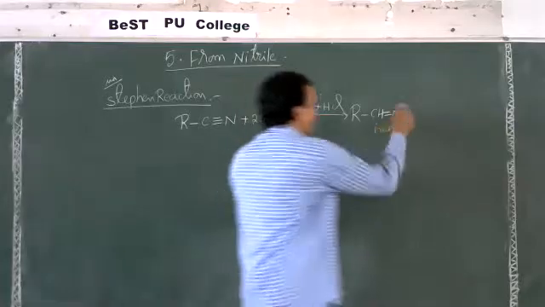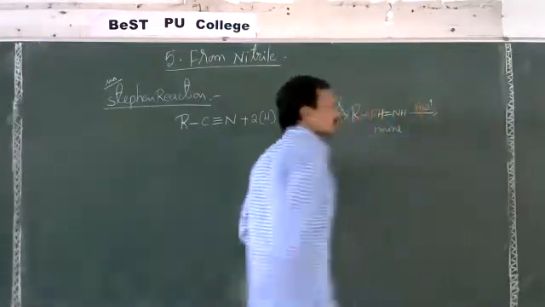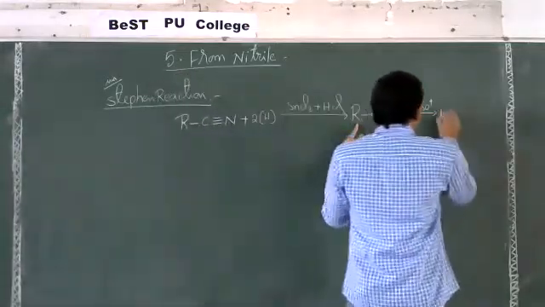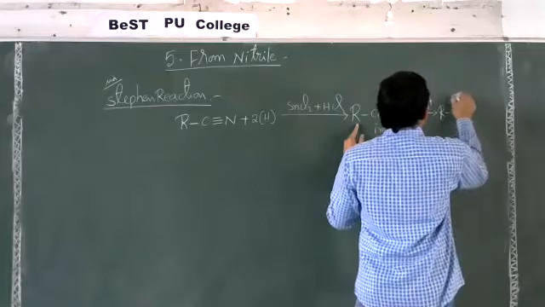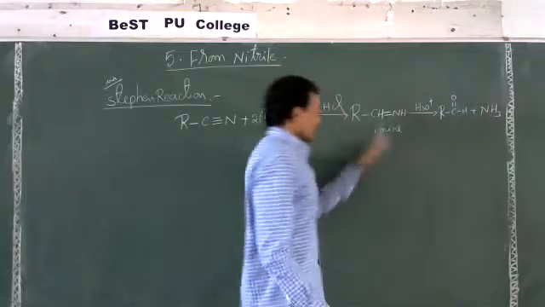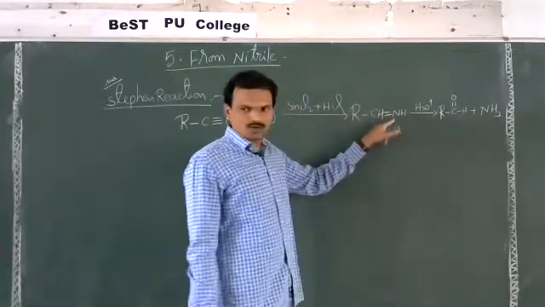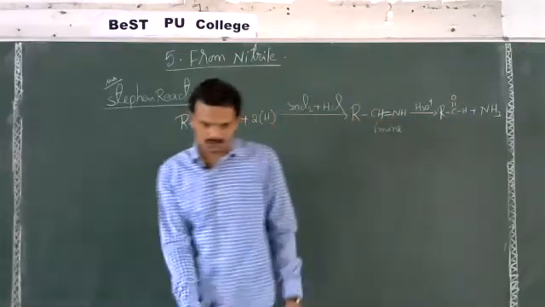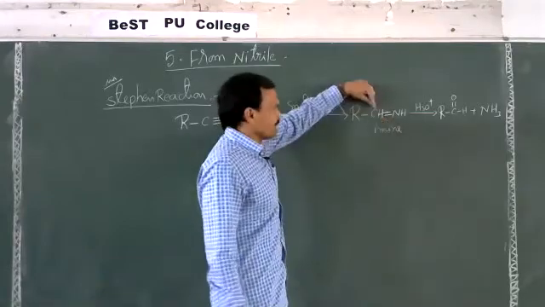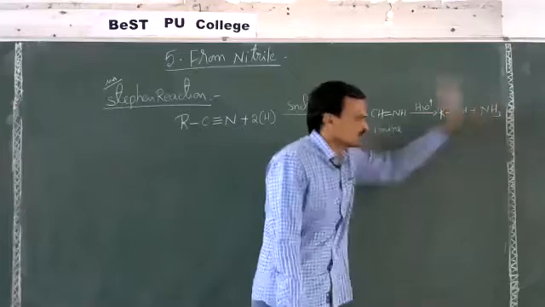Nothing but a double bond NH, that is known as an imine, and this imine on hydrolysis gives aldehyde RCHO plus NH3. Simply break the double bond, take the double bond over to carbon, and at the two valences of nitrogen take two hydrogens, and you can get ammonia.